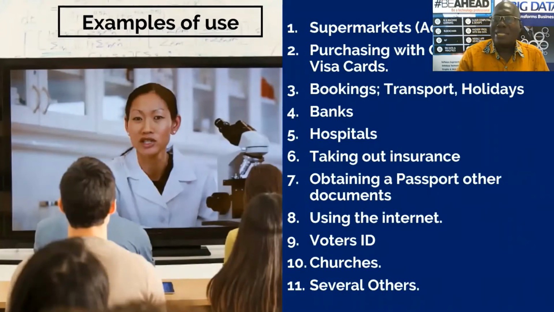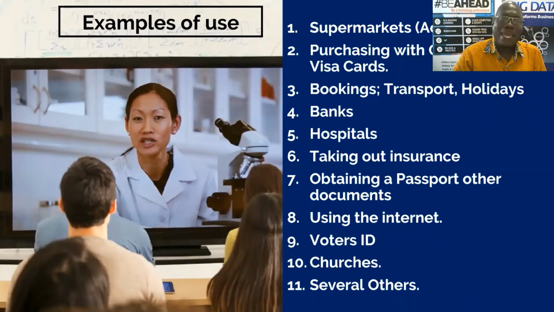Now, let's look at where these databases are used. Number one, if you go down to Accra Mall or any shopping mall, there's a database management system in use, and there's a database in use. They may want to know the stock or the inventory that they have.